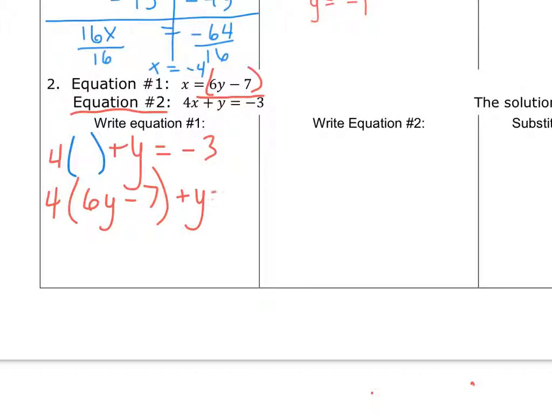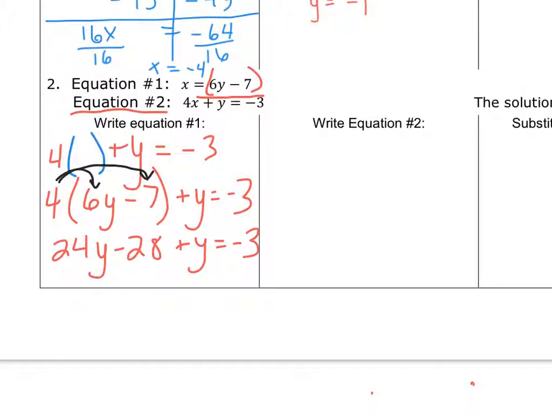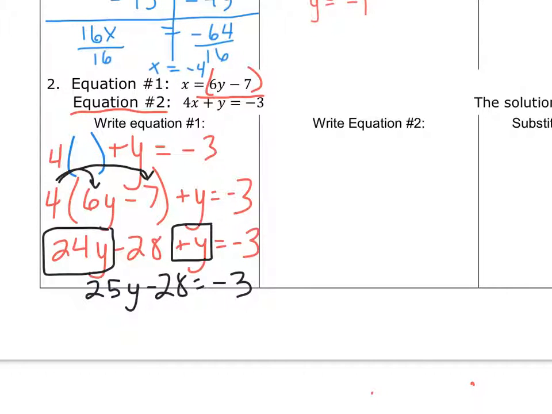So that fills up my parentheses, plus y equals -3. Now I have to go through my solving. So I've got to start by distributing. I'm going to distribute my 4 times both guys in the parentheses. So that gives me 24y minus 28 plus y equals -3. I'm solving for y, so I got to get my terms combined. So I have 24y plus y, that's 25y, minus 28 equals -3.